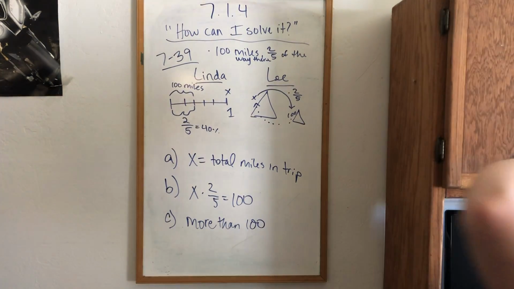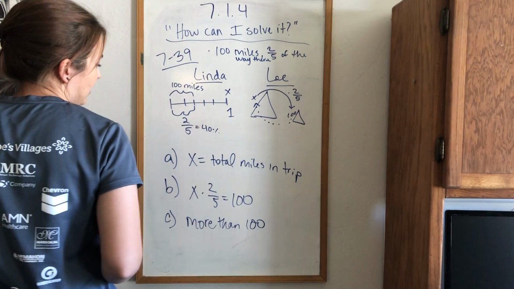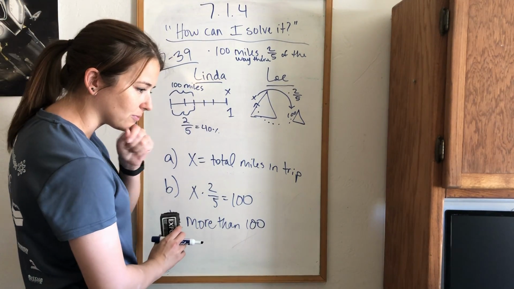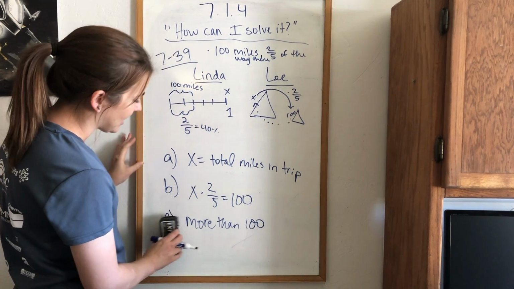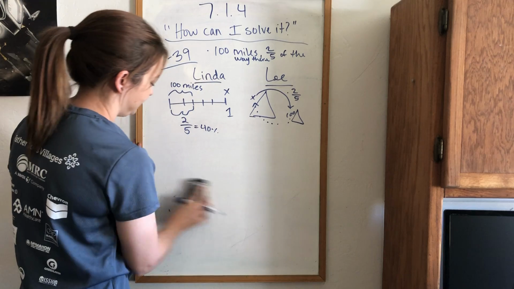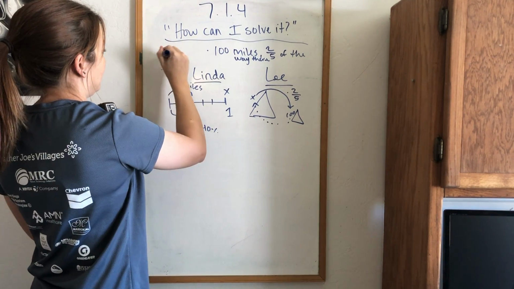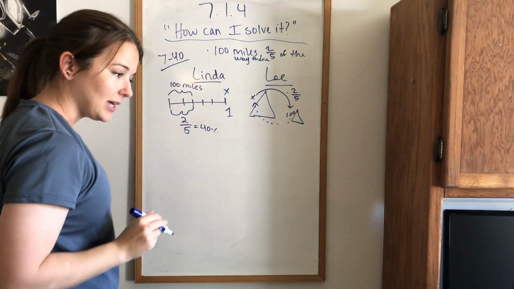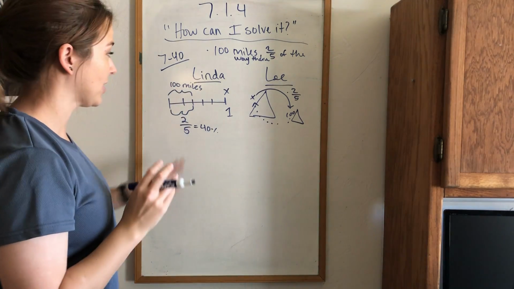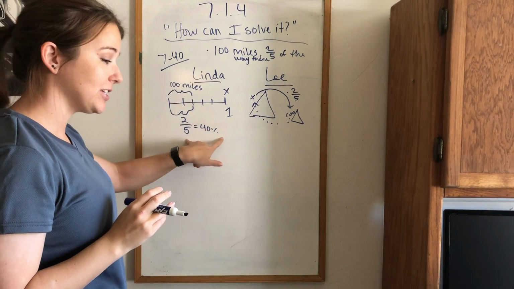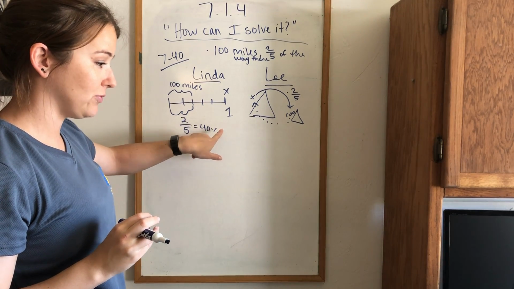And now, that's 739, here's 740, and it's dealing with the same stuff. I'm going to erase this. Okay, so now we're on 740, and it says Linda remarked to Lee, when I look at my diagram, I see the total distance is 2.5 times the distance we've driven.